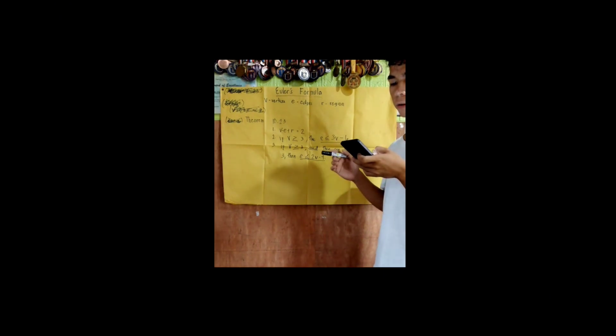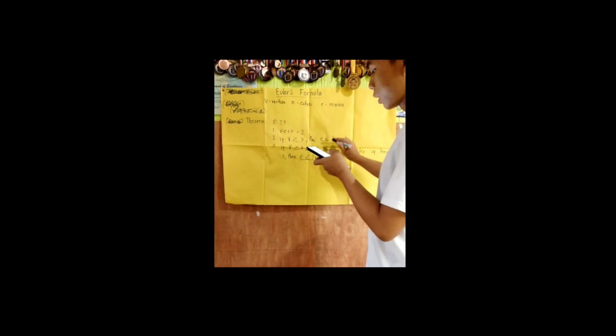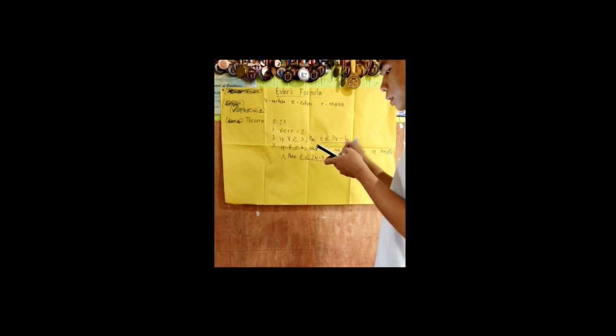Notice if every cycle of a finite planar graph G contains at least K edges, since each edge occurs in exactly 2 faces or regions, we have the inequality KR is less than or equal to 2E.